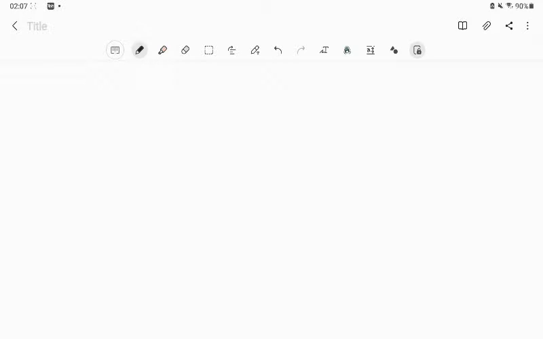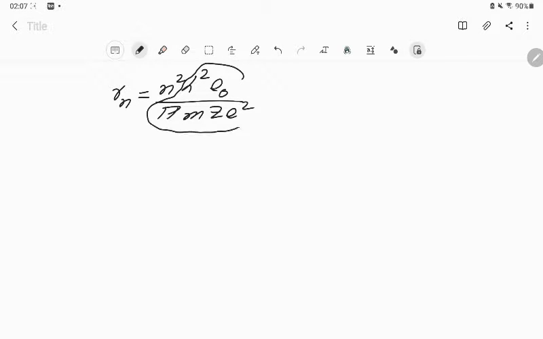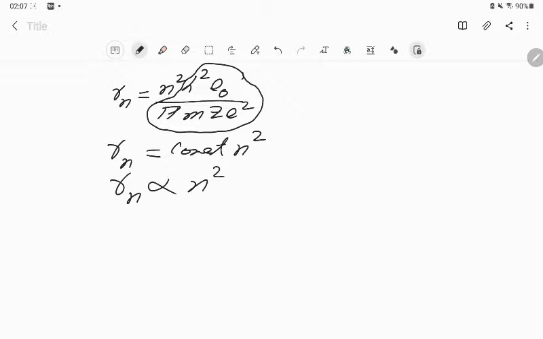We found that Rn equals n square h square epsilon naught by pi m Z e square, and all these numbers are constants. So we got constant into n square. So this radius is directly proportional to n square.